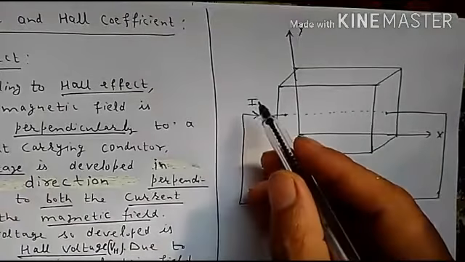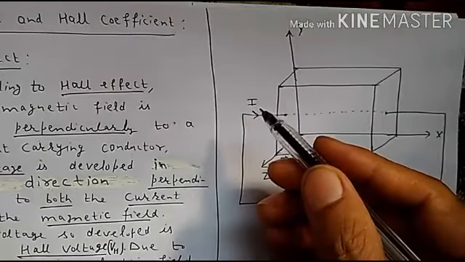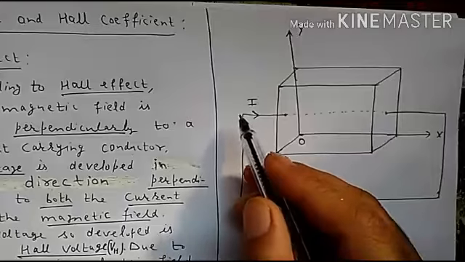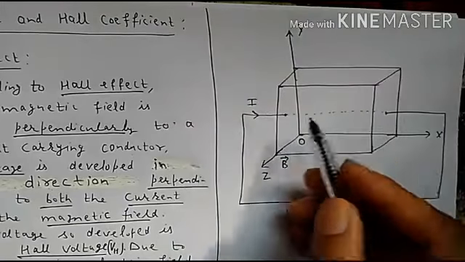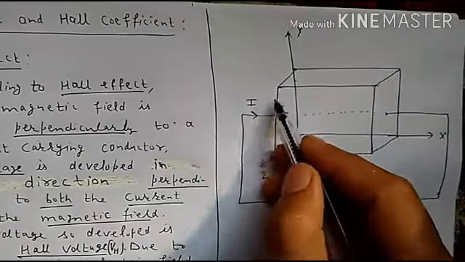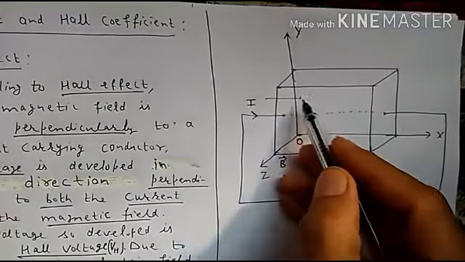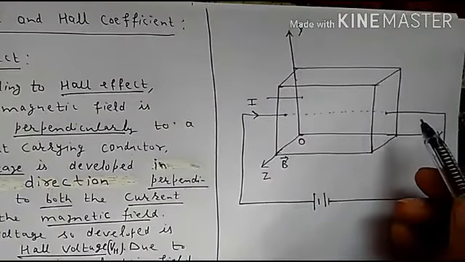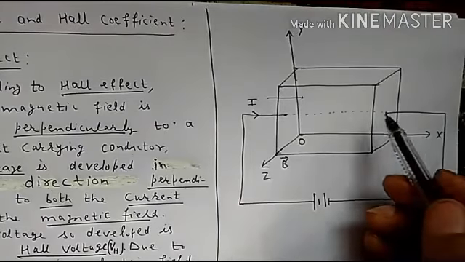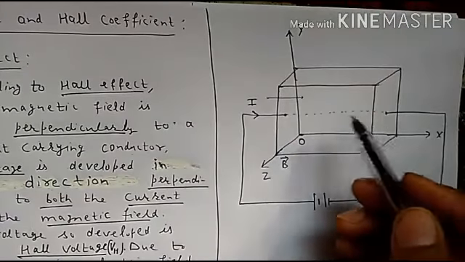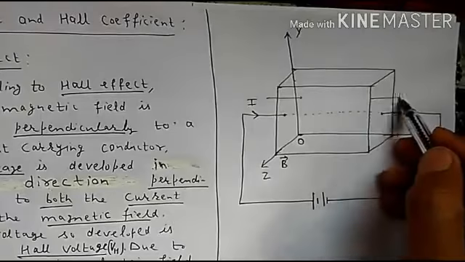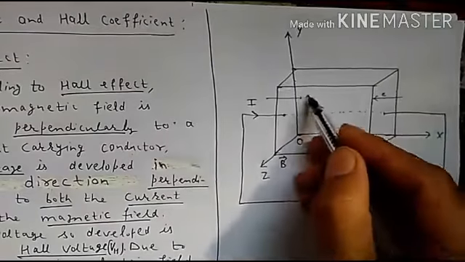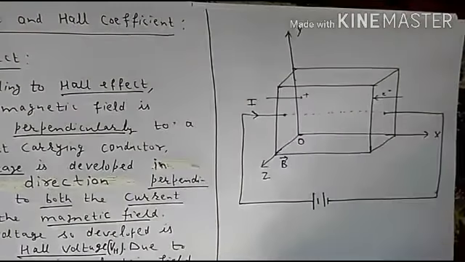We know that in the current there are positive charge flowing in the direction of current. So positive charge is moving along positive x-axis and negative charge, that is electrons, is moving along negative x-axis, that is opposite to the current. Positive charge, negative charge.